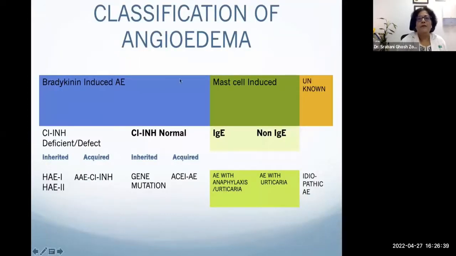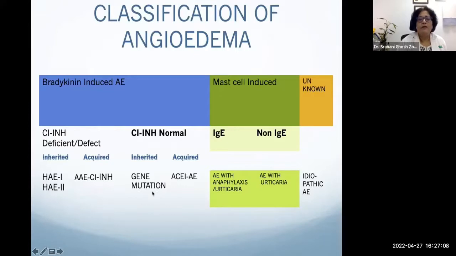So here I tried to classify angioedema. Bradykinin-induced angioedema can be C1 inhibitor deficient or defective, or there can be normal C1 inhibitor, as we see in ACE-induced angioedema, or there can be gene mutation of factor 12 enzymes, which can lead to this. This is also known as hereditary angioedema type 3.